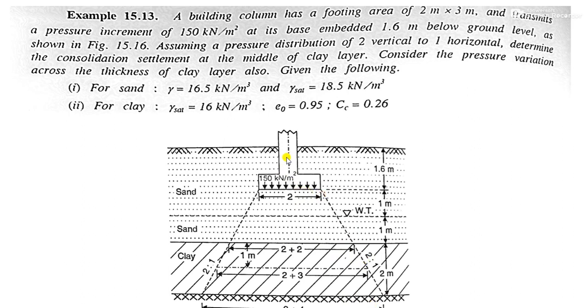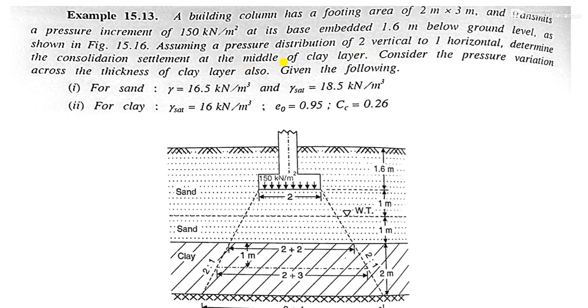This load of the column footing is coming directly to the soil below the footing, distributing the load. In this load distribution figure you can see the slope is 2 vertical to 1 horizontal. Okay, determine the consolidation settlement at the middle of the clay layer.